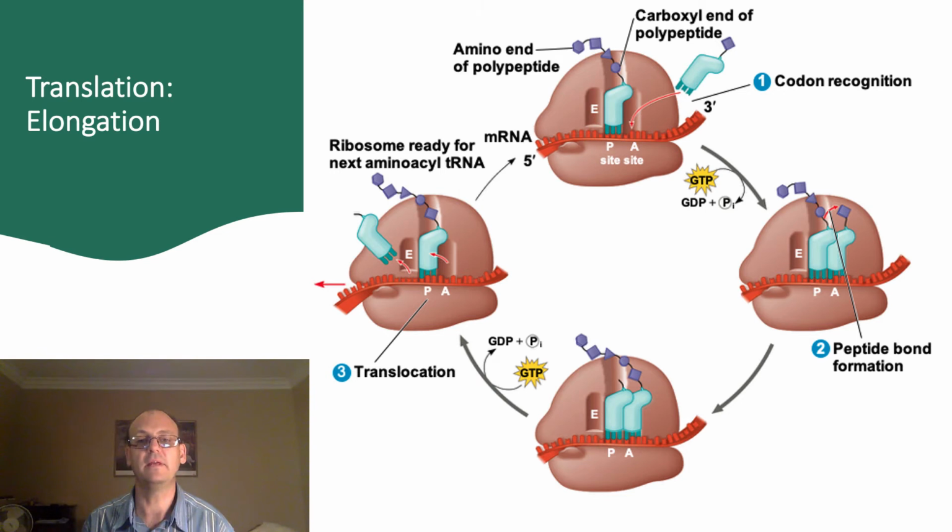Hydrolysis of GTP helps make this process more accurate and faster. The polypeptide chain moves from the tRNA at the P site to the tRNA at the A site, and the new amino acid is added to the carboxyl terminus of the growing polypeptide.